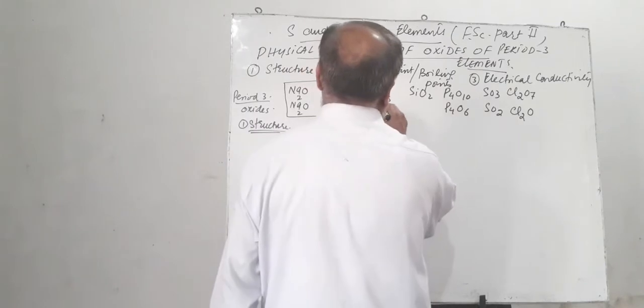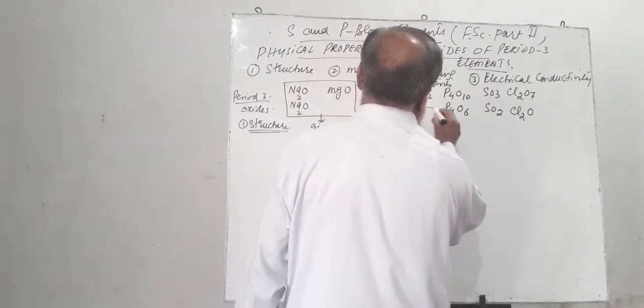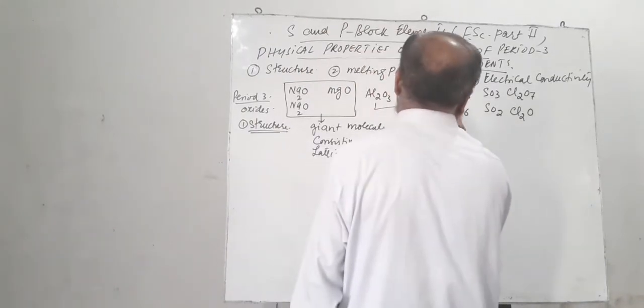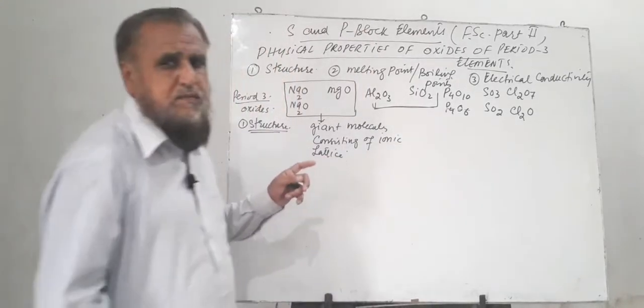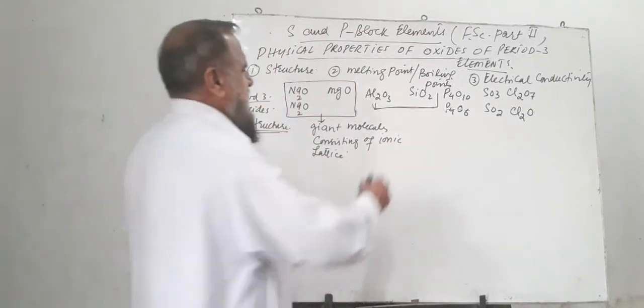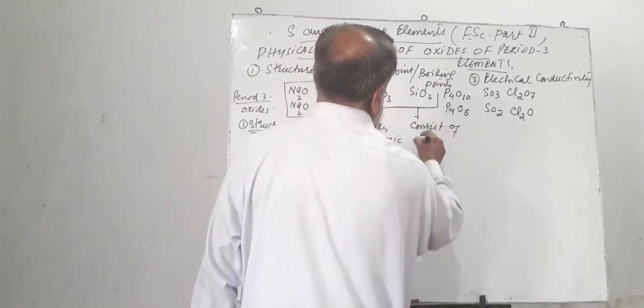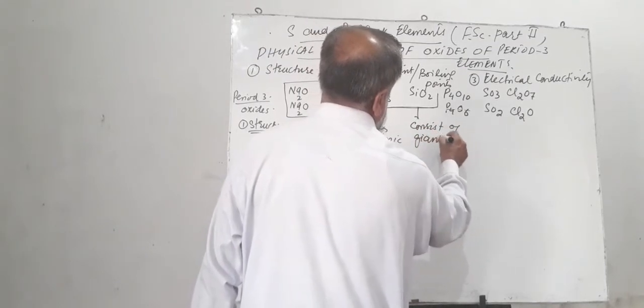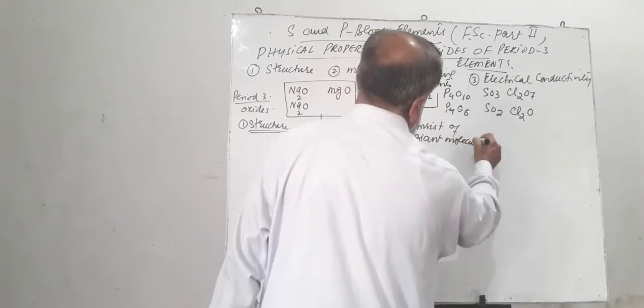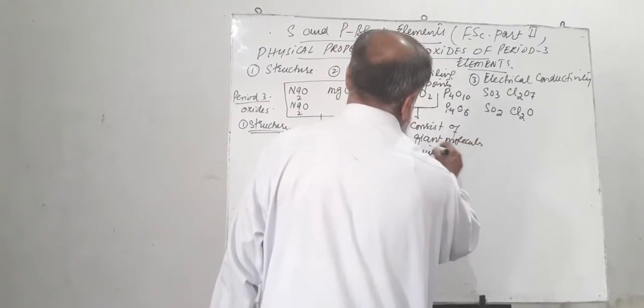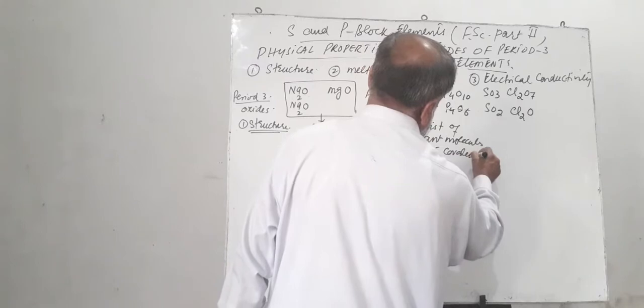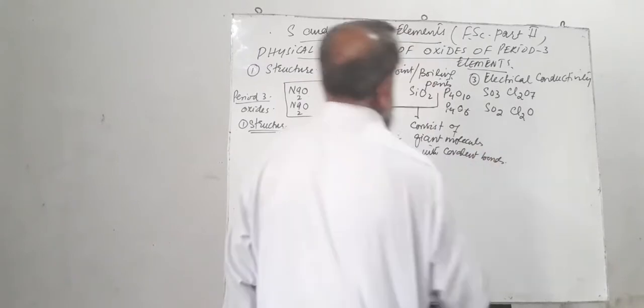The oxides of alumina and silica consist of giant molecules, big molecules with covalent bonds.